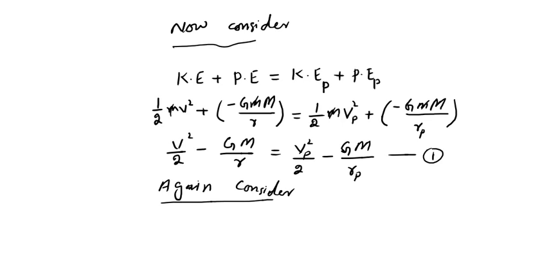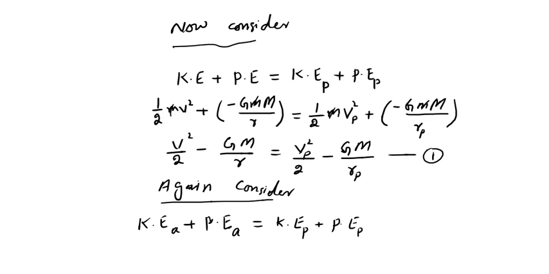So we have the kinetic energy at apogee, let's say I represent that with A, plus potential energy at A, that will be equal, according to the conservation of energy, to kinetic energy at perigee plus potential energy at perigee.